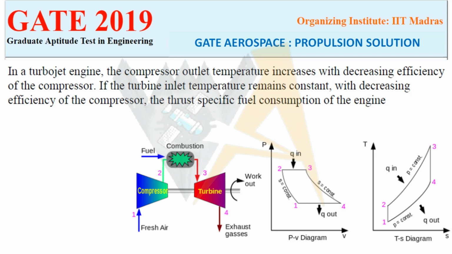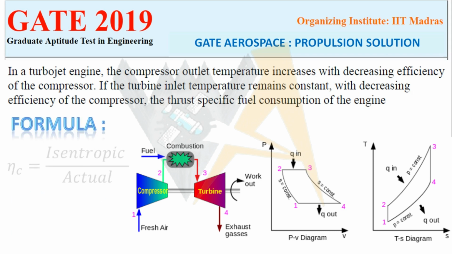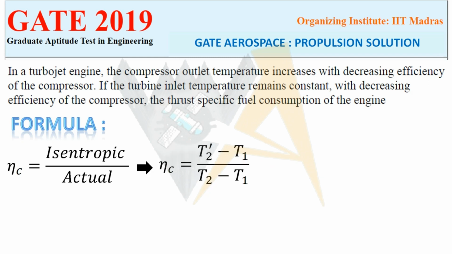Let's check the solution. Here is the formula for the efficiency of a compressor, that is isentropic by actual. Recalling the Brayton cycle, we can frame that eta C equals T2 prime minus T1 by T2 minus T1, which is the isentropic work done by the real work done.